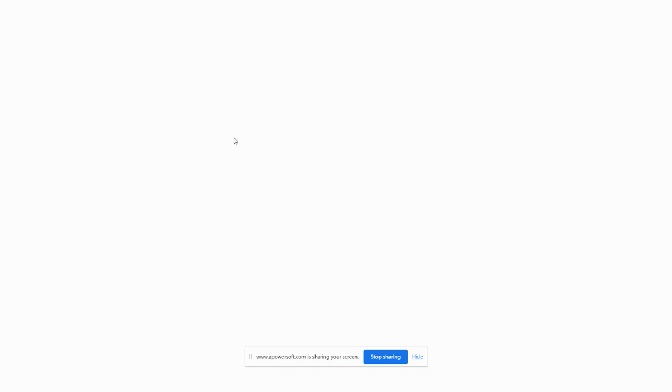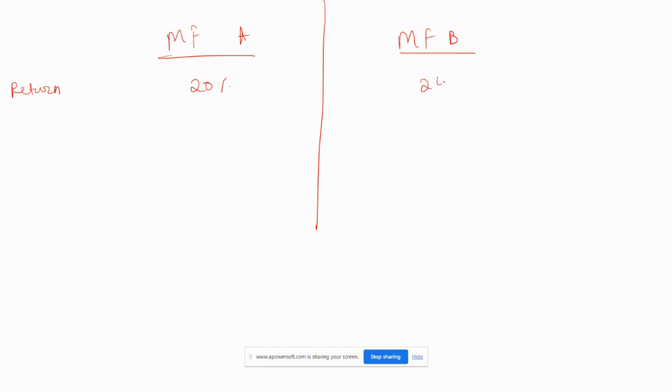Understand this. Say for mutual fund A and mutual fund B, the return that I generated for mutual fund A is 20% and for mutual fund B is 24%. The risk free return is the same, let's say 4%. Now, standard deviation is nothing but risk.